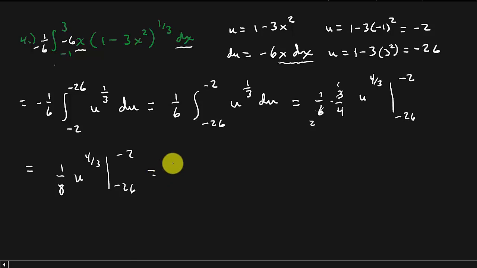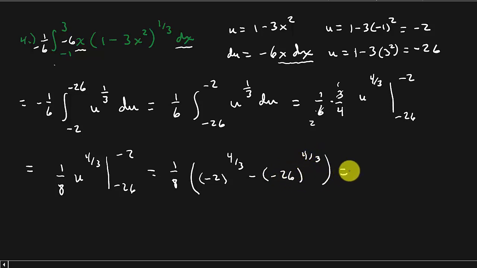Now, that's going to give us 1/8 times negative 2 to the 4/3 minus negative 26 to the 4/3. And look, that one right there, you just plug that into the calculator, and you're going to get negative 9.313.